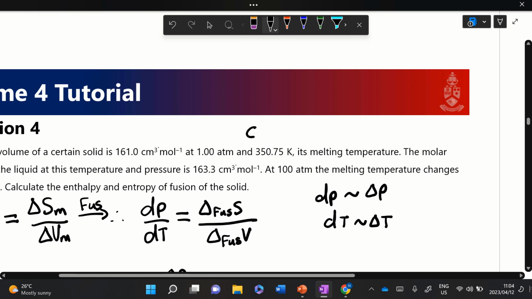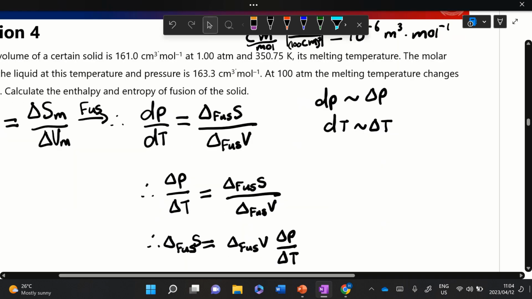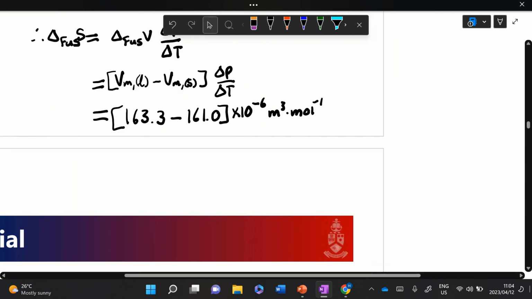There are 100 centimeters in a meter, and we just need to cube it, which gives us 10 to the power minus 6 meter cubed. So that's how I did that conversion.